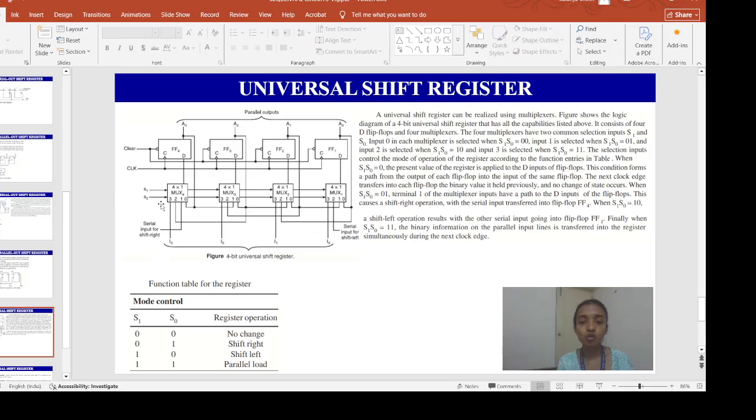When S1, S0 are both 1, 1, what will happen? The binary information on the parallel input lines is transferred into the register simultaneously during each clock edge.